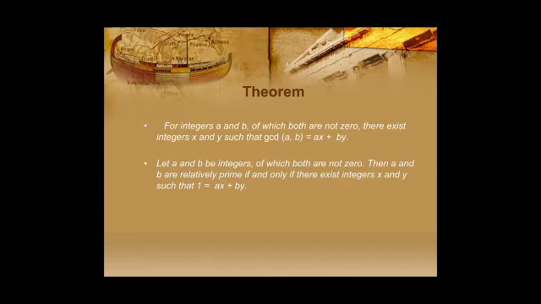Next is a theorem. For integers a and b, of which both are not 0, there exist integers x and y such that GCD(a,b) equals ax plus by. Another theorem: let a and b be integers of which both are not 0, then a and b are relatively prime if and only if there exist integers x and y such that 1 equals ax plus by.